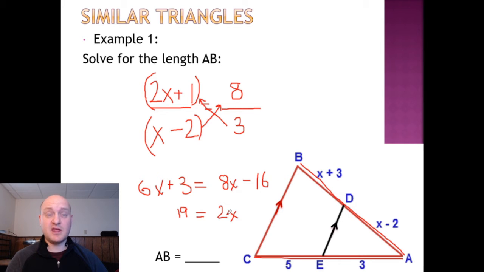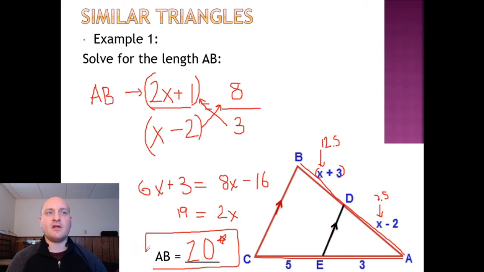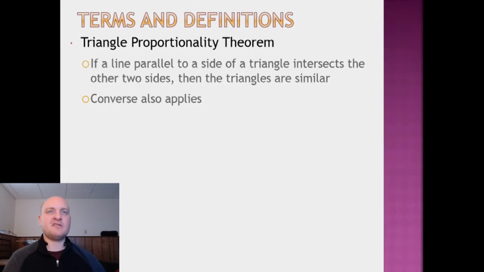I'm trying to find out what AB is. AB is up here. This is AB, the original value, 2x plus 1. Well, if 2x plus 1 is what I'm looking for, but I have 2x here, I mean, I could just say 19 is 2x plus 1. AB should be 20. 20 is our final answer for the length of AB. That's what an example of the triangle proportionality theorem looks like.